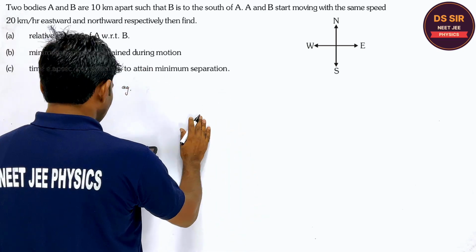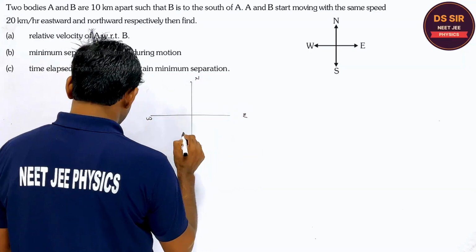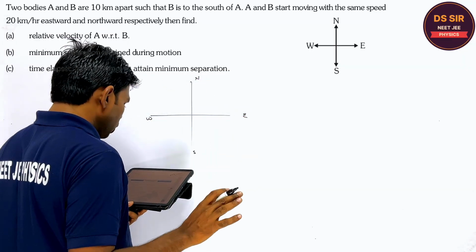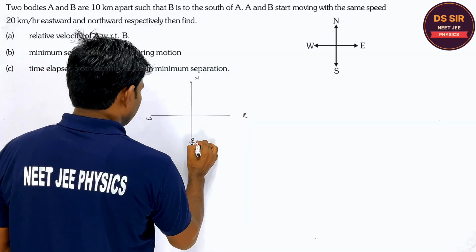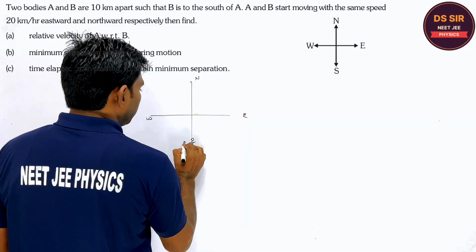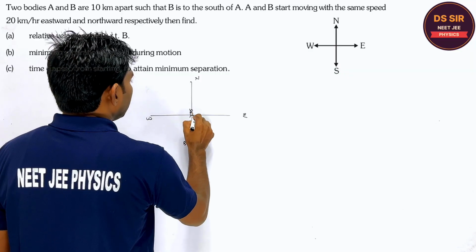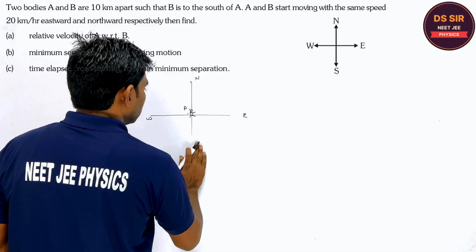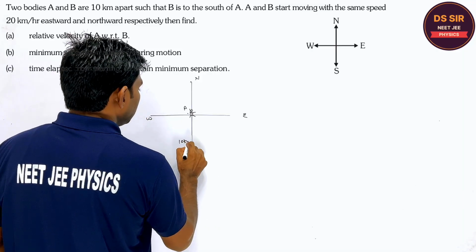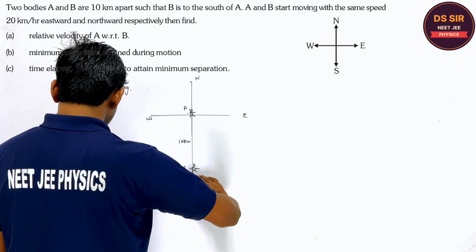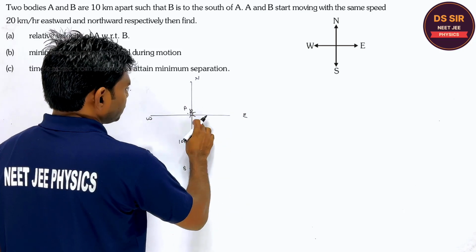Suppose we have the two bodies, this is east, west, north, south, and 10 km apart. B is to the south of A. This is the person B, you can assume, and this is the person A, all right? And what is the separation between them? Say 10 km, and B is to the south of A, right?